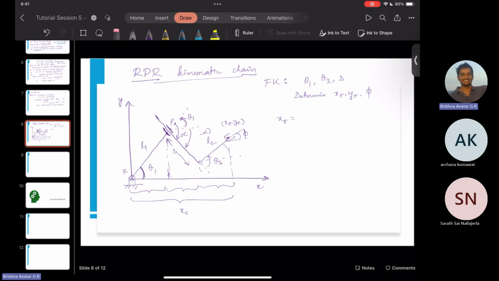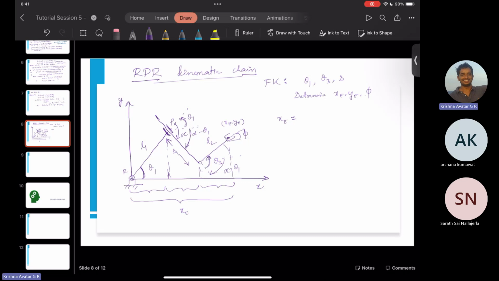So we should better call it alpha minus theta 1, right? So this contribution is also done. It will be S into cosine of alpha minus theta 1. And we take a look at the third contribution, for which this is alpha. So this angle will also be alpha minus theta 1, right?